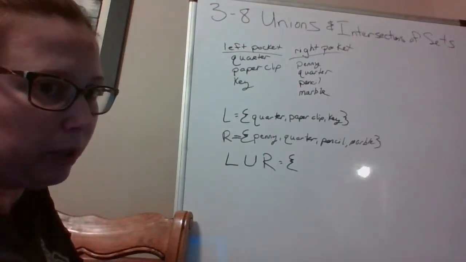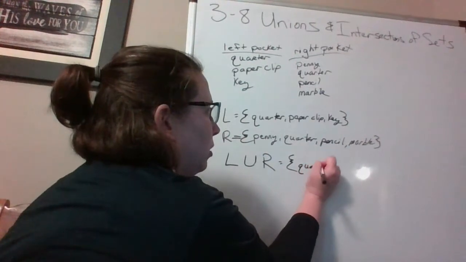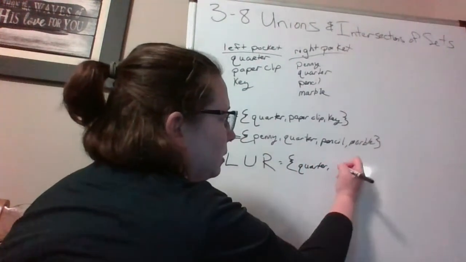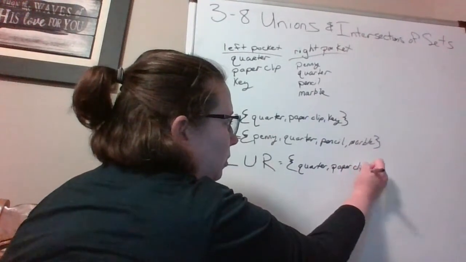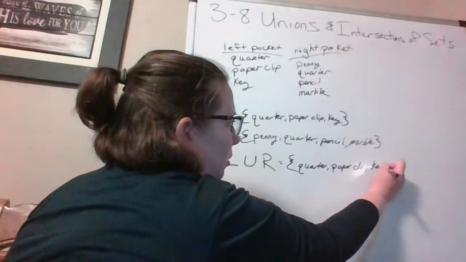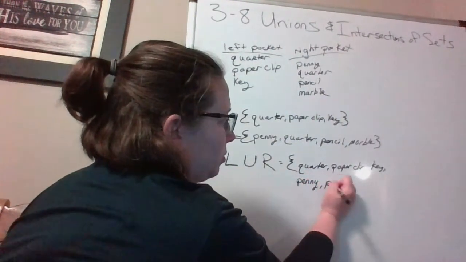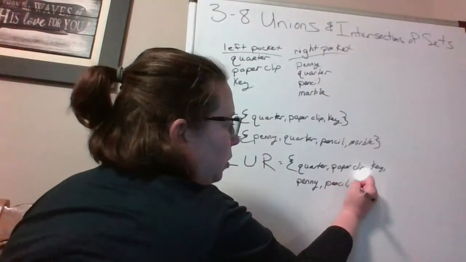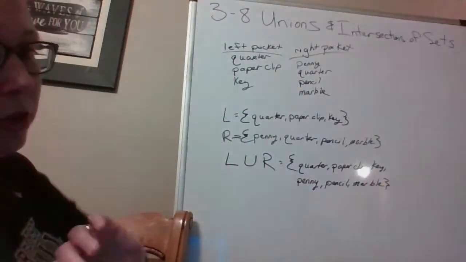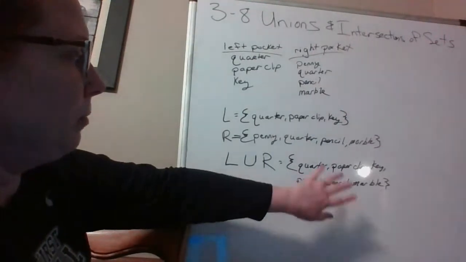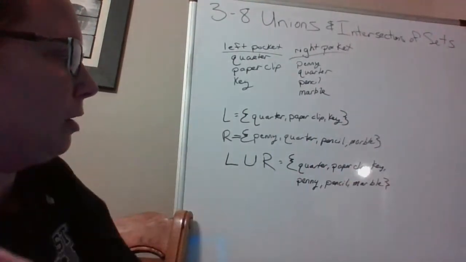We only need to write that one time though, and say quarter, paperclip, key, penny, pencil, and marble. Don't actually write and, I was just talking. So we have our quarter, paperclip, key, penny, pencil, and marble.